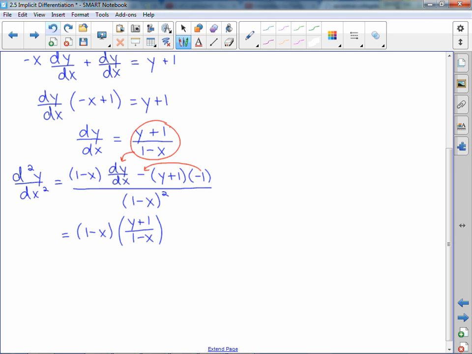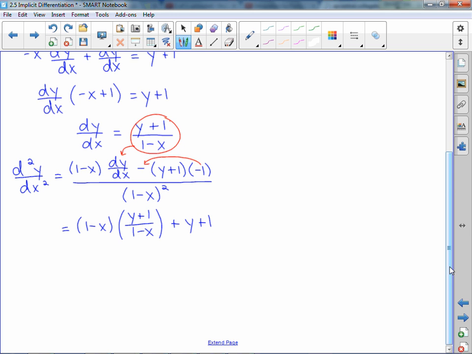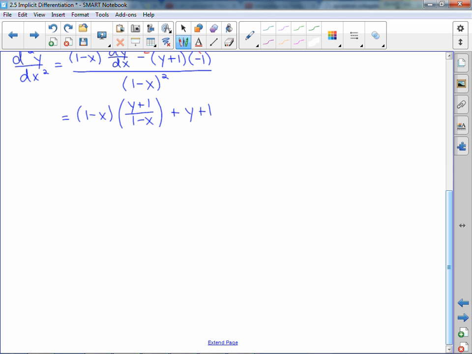And then I'm going to change this sign to a plus because negative 1 times negative 1 is positive 1, and then remove the parentheses because they don't mean anything now for the y plus 1. And that's going to be over 1 minus x, the quantity squared.